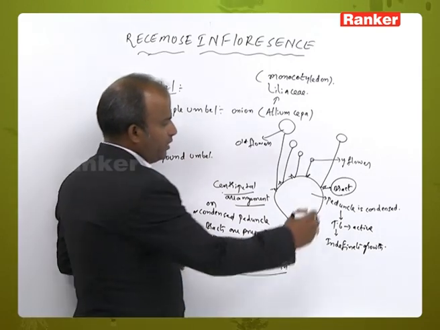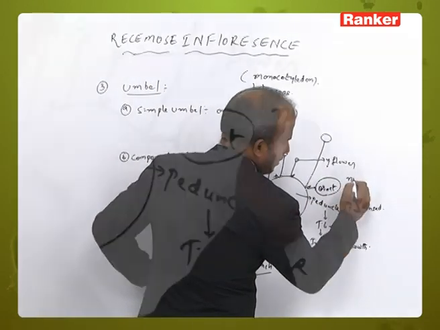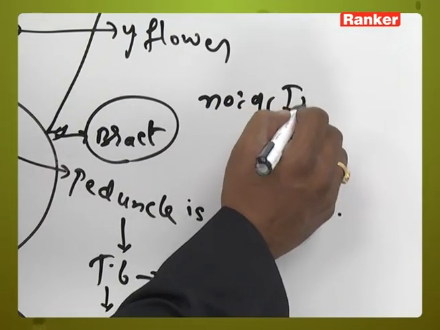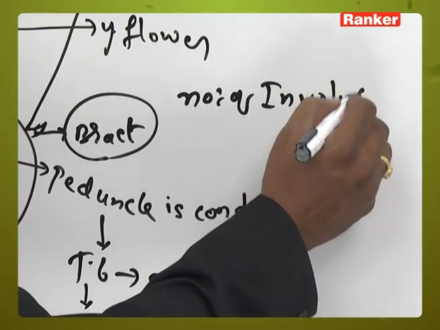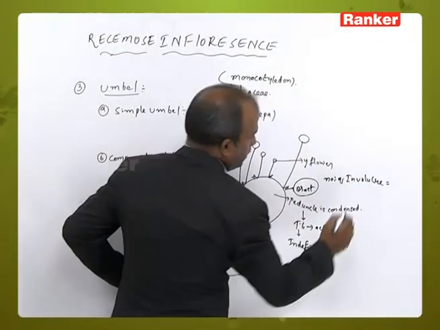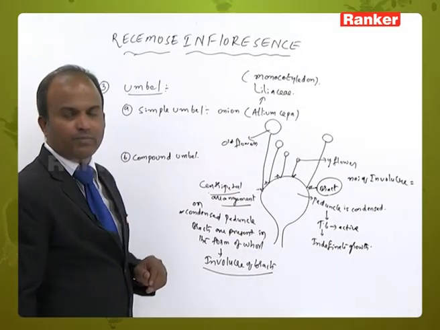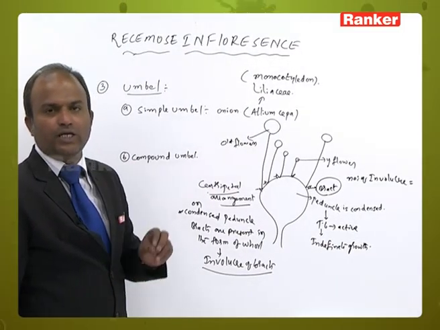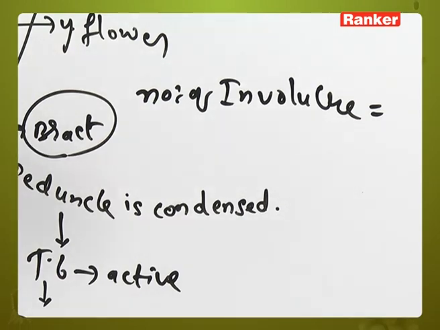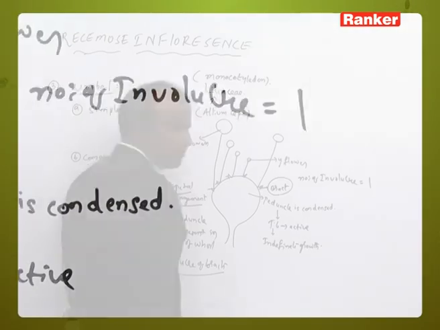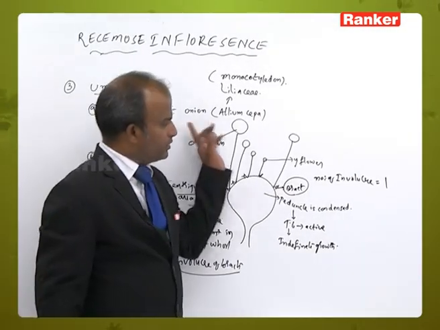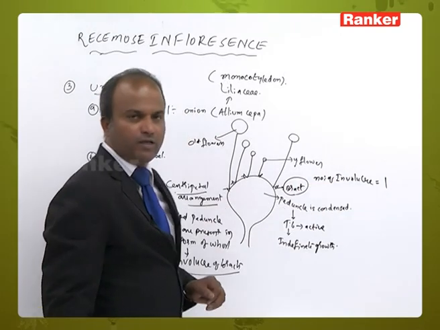Can you tell me the number of involucre in simple umbel? Number of involucre in simple umbel, that is nothing but 1.